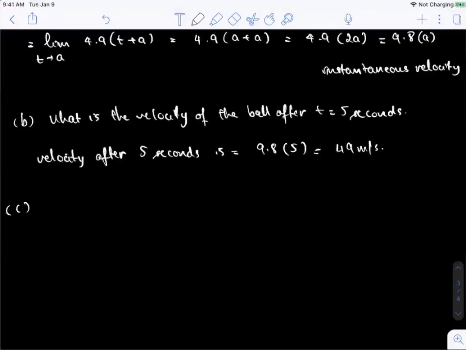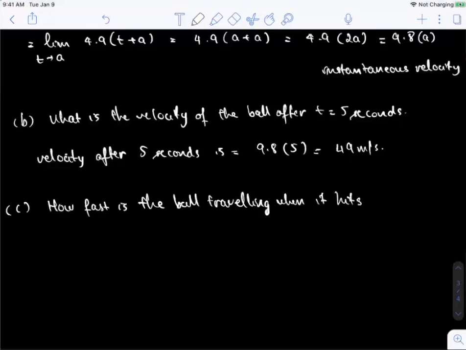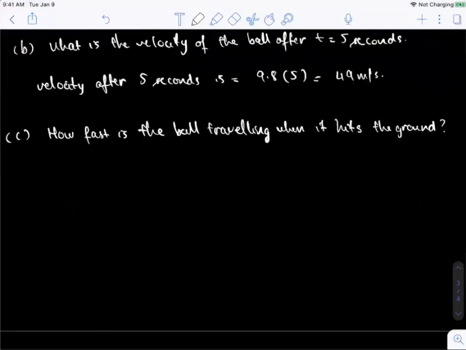So part C, nice. How fast is the ball traveling when it hits the ground? So you want to find the velocity when it hits the ground.